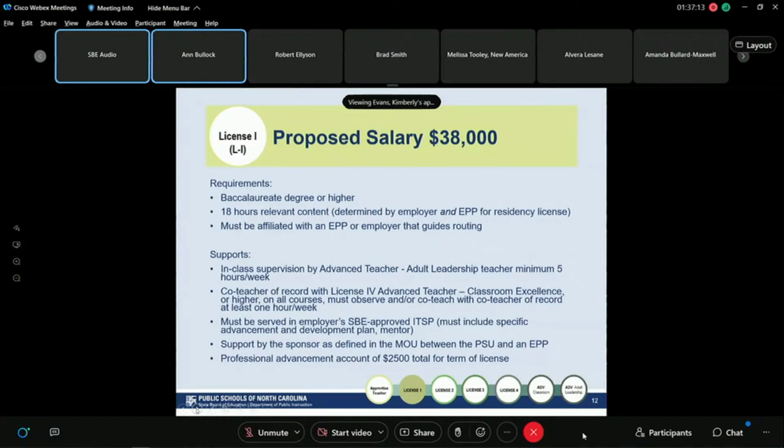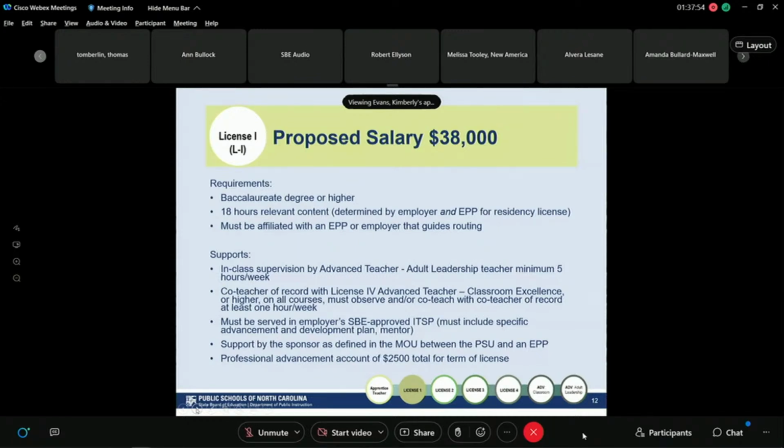Tom, would you like to respond to that third bullet under requirements? Sure. So this is definitely a point that needs to be worked out by this subcommittee. We chose not to wade into this, and so we've listed it as between the PSU and EPP. Somebody needs to be responsible for moving the teacher through this process. If this subcommittee's decision is that guidance is directed only by an EPP, you should write that in there.